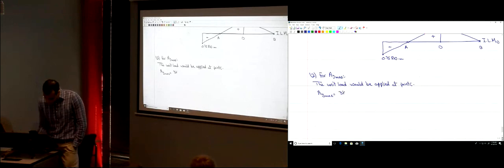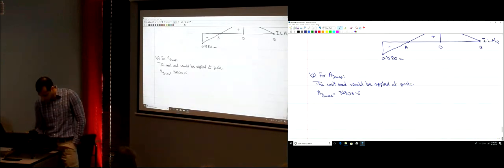So the load is 3 kilonewtons times the height, which is 1.5. So it's 3 times 1.5, which is 4.5 kilonewton meters, right?